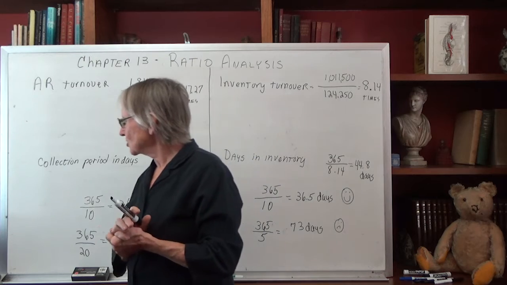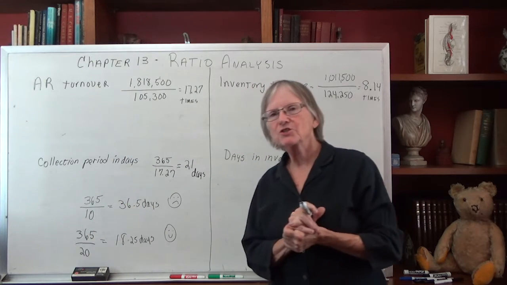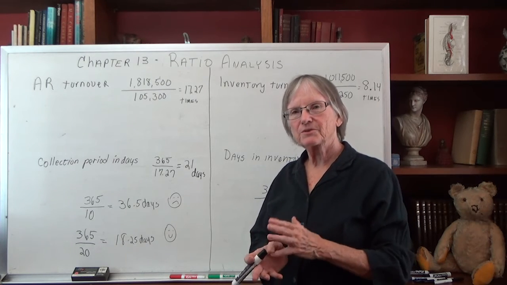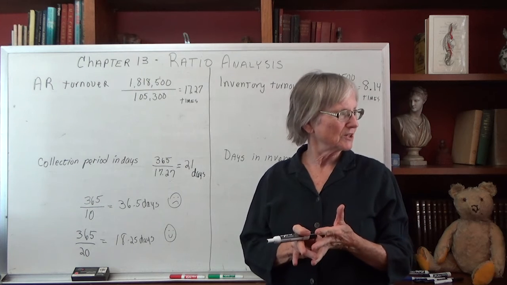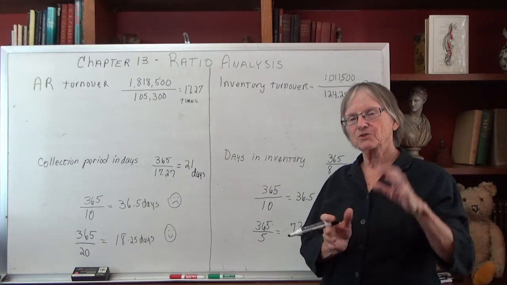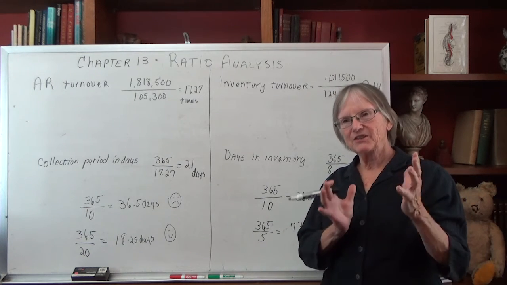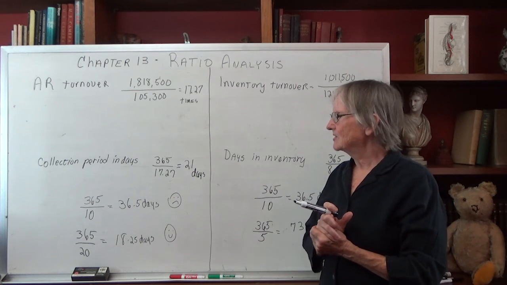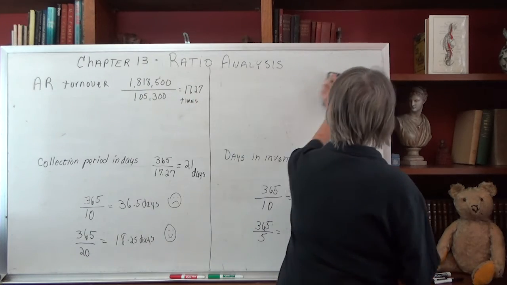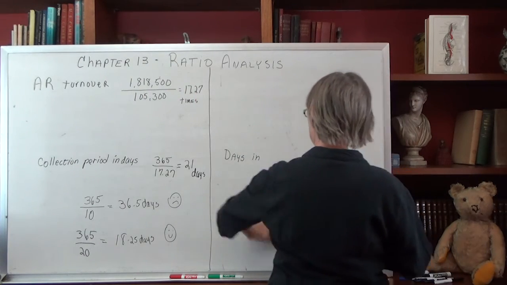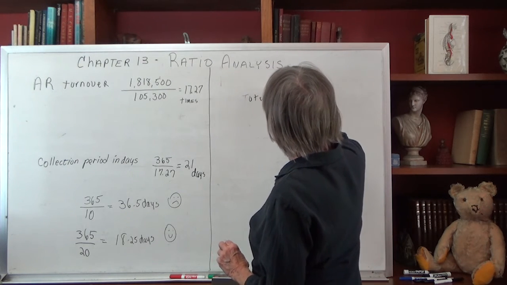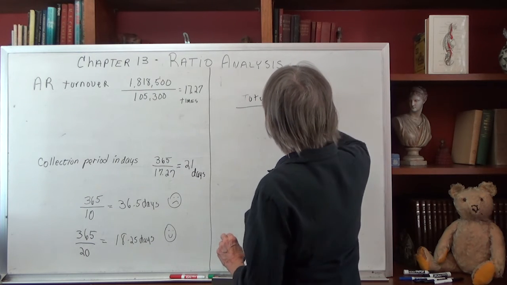Debt to total assets ratio is a very simple ratio to compute, but it's probably one of the most important ones to be aware of if you're thinking of investing in a company or working for a company. This is your total liabilities, your current plus your long-term liabilities, over your total assets.